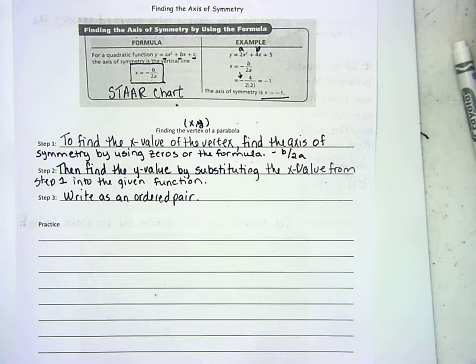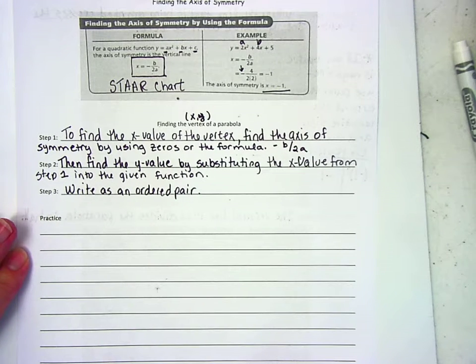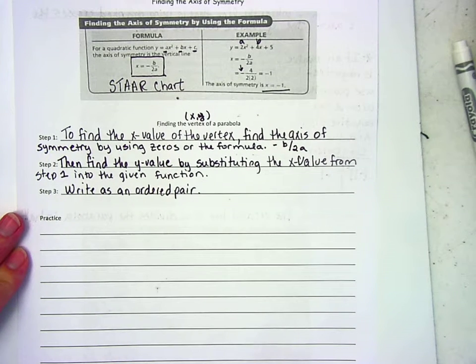Okay, we're going to do 2 practice problems together, and they're going to go on this page. In a few minutes, y'all are going to take this paper and tape it into your comp book, tape it to where you can see both sides. We're not going to do that until we finish the 2 examples.